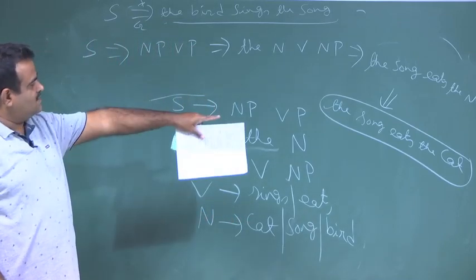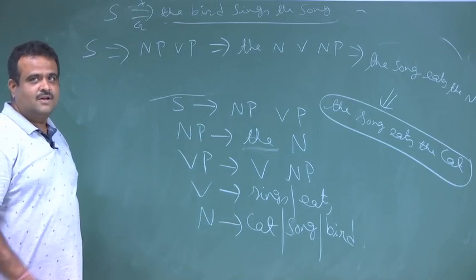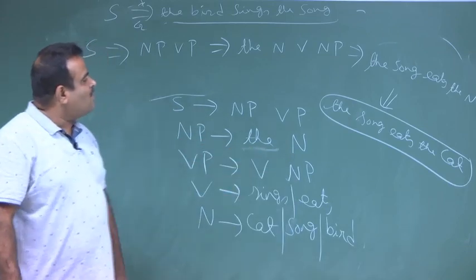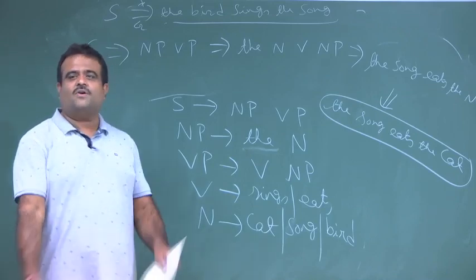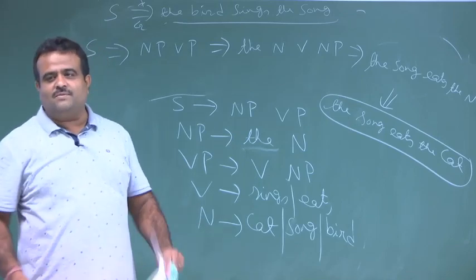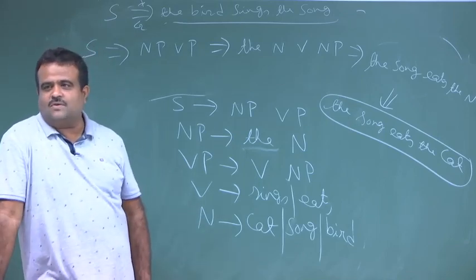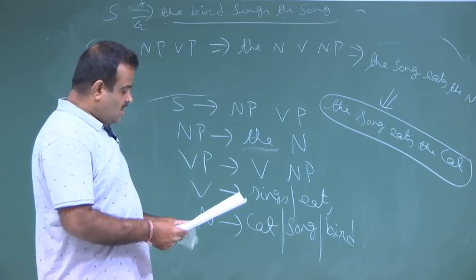So, this is a string generated by this grammar, and it has no meaning: the song ate the cat. So, that is why it is called context free. We just follow the rules and we reach a string, and it may not be a meaningful text. That is the sense in which this is called context free.